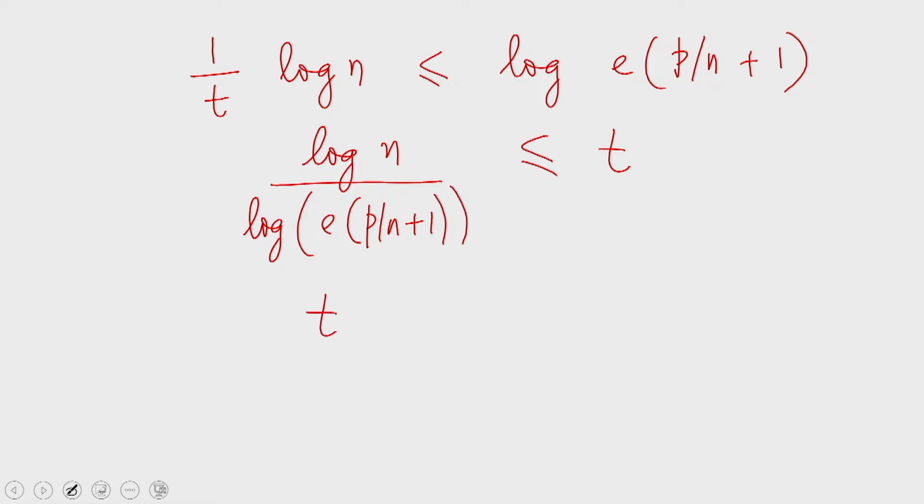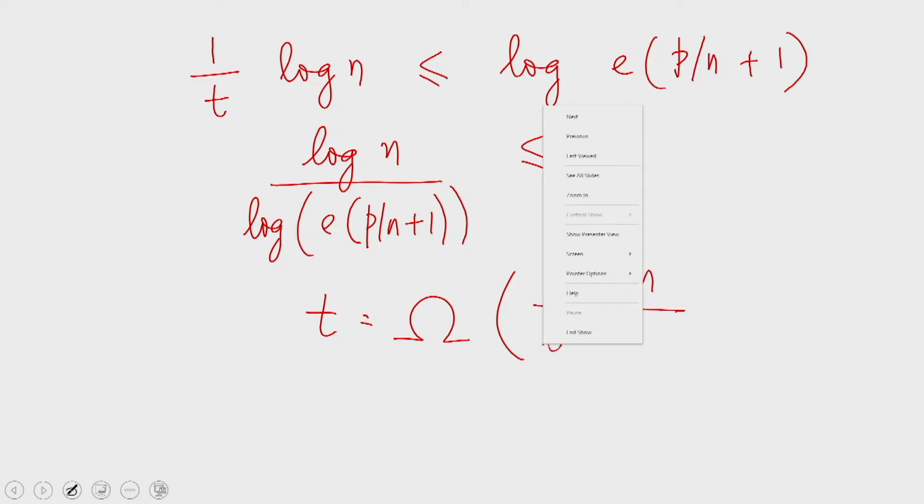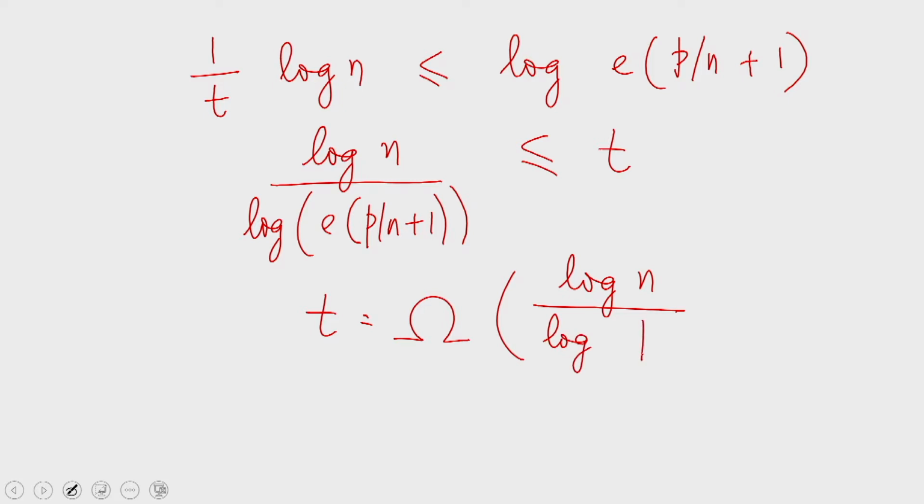That establishes that t is small omega of log n by log of (p by n plus 1), which is the same as saying that t is omega of log of n to the base (p by n plus 1).